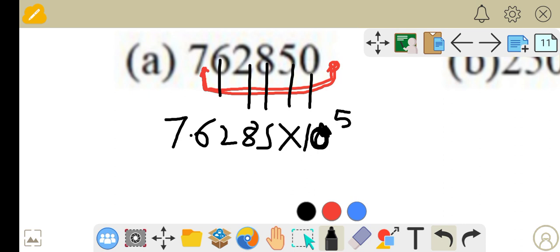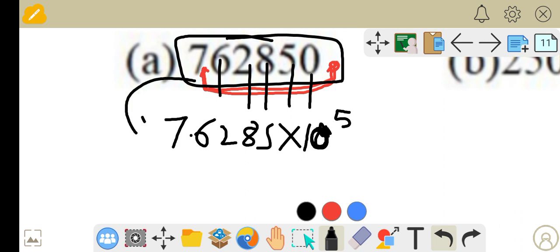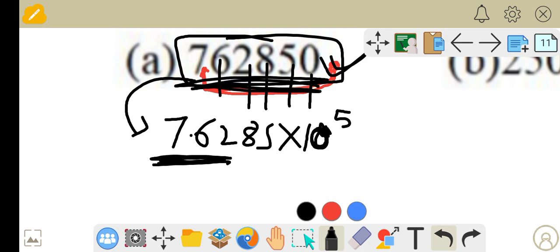And we need to compare our basic number with our new number. Our basic number is very high compared to our new number, because our new number is just 7.6, and our basic number is 7,62,000. So our basic number is very large, so we will put a positive sign here. We need not write the positive sign. So our complete answer is 7.6285 into 10 to the power 5.